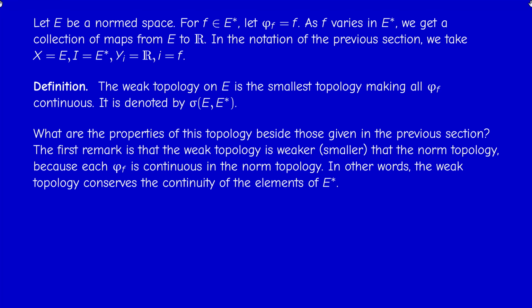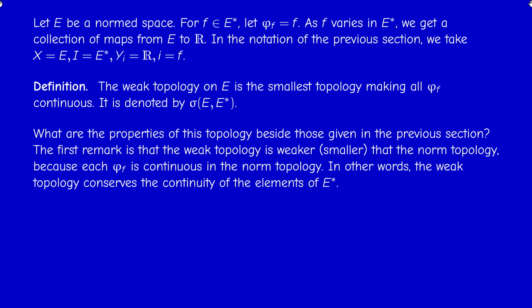So this means that the weak topology conserves the continuity of the elements of E star. The linear maps, which were already continuous, remain continuous with respect to this new topology. So this is a big achievement, because we killed two birds with one stone.